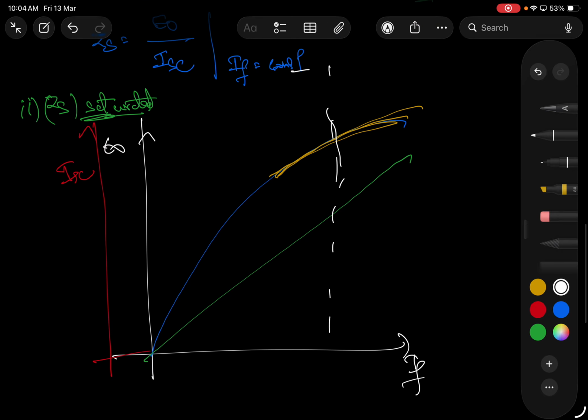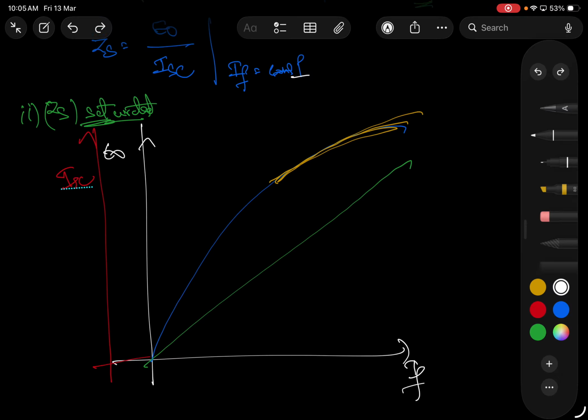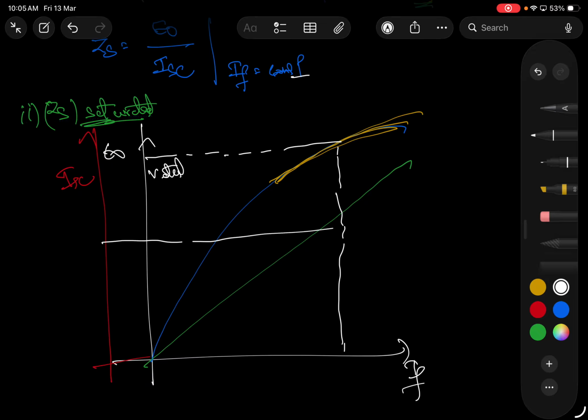Let me conclude this. Here we will take the rated voltage, that E naught value. For this rated voltage, the corresponding points and the short circuit current will be measured, and the corresponding field current will be measured.